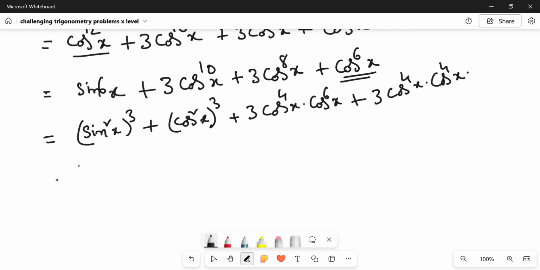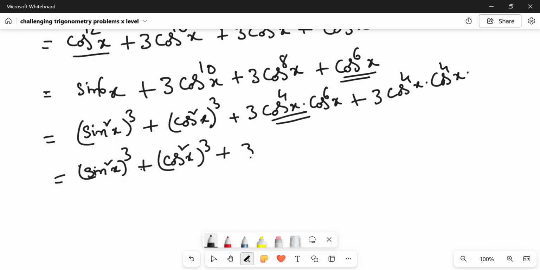So here let us replace the things. I have sin square x whole cube plus cos square x whole cube. Wherever cos power 4x is there, I can replace with sin square x. So I'll replace it: 3 sin square x I have, and again let us have this cos power 6x.